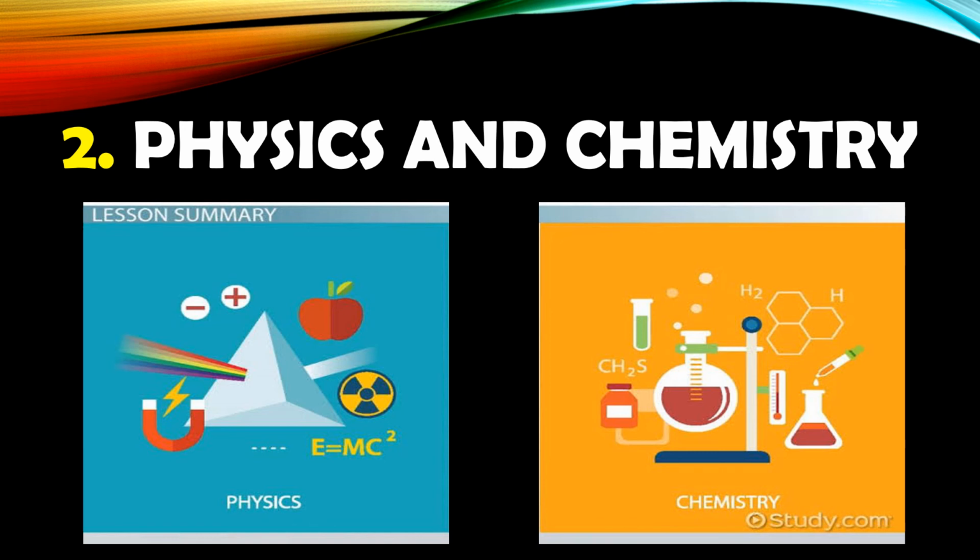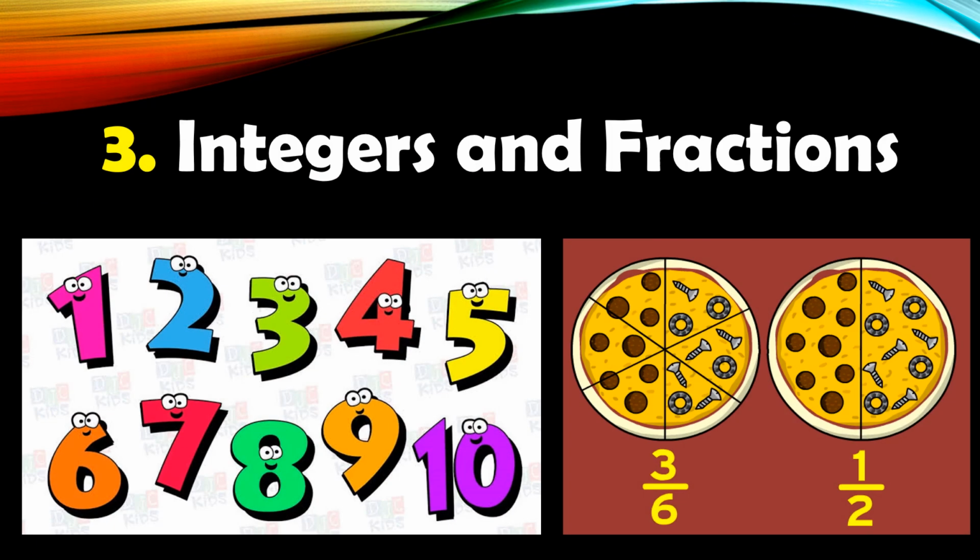What do you think is the common thing between the two? That's correct. They are both branches of science. Number three, how about integers and fractions? What is their common thing? That's right. They are both real numbers.